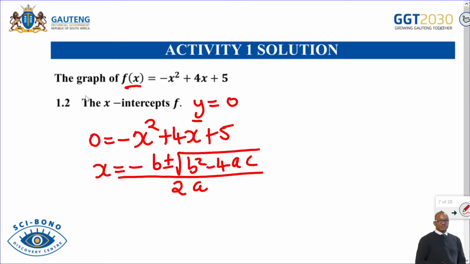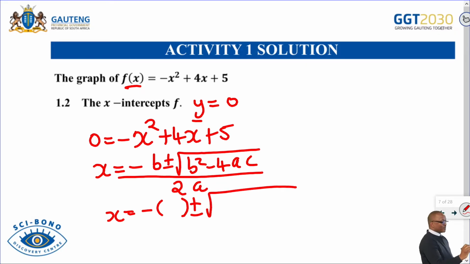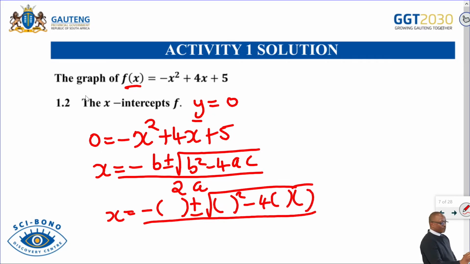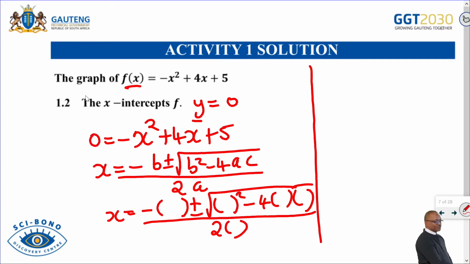It's x is equal to minus b plus or minus the square root of b squared minus 4ac, all over 2a. And from there, remember, you have to substitute. When you substitute, always make sure that you use brackets, and your formula has to look exactly like the one that you find in your information sheet.